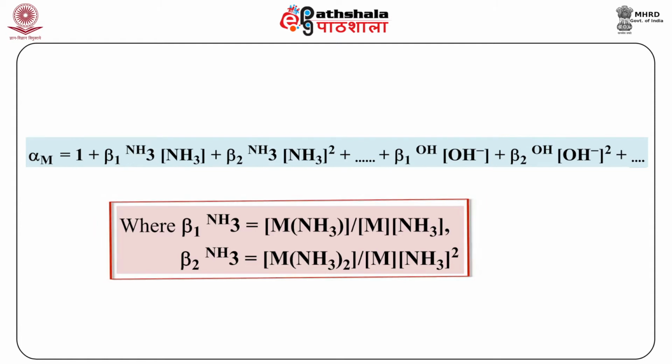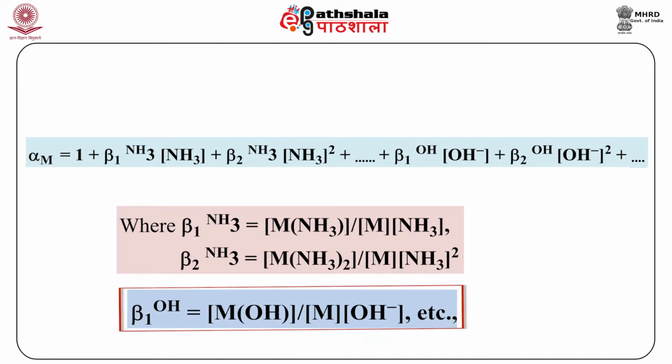Here beta 1 for NH3 is equal to the concentration of metal ammonia divided by the product of the concentration of metal M and ammonia NH3. Beta 2 for NH3 is equal to the concentration of metal ammonia 2 divided by the concentration of metal and the concentration of ammonia raised to the power 2.